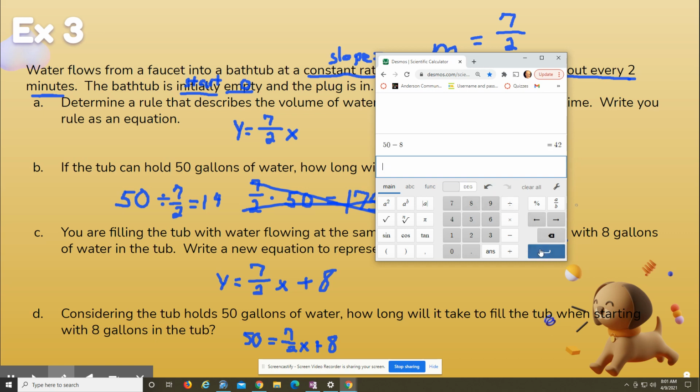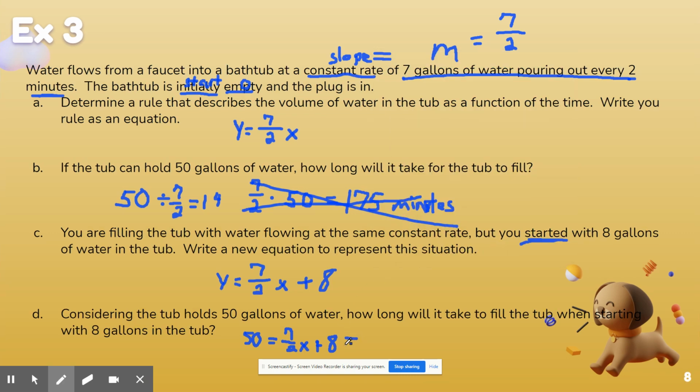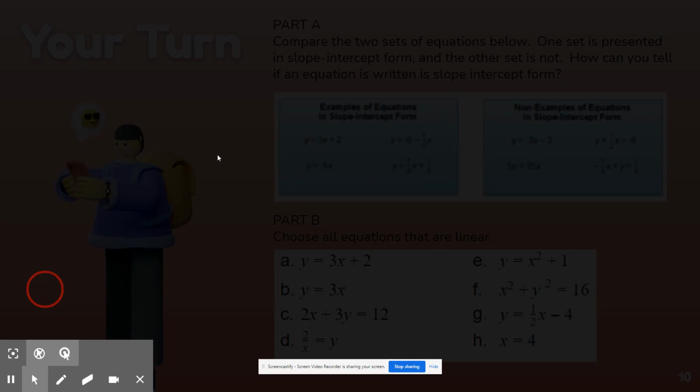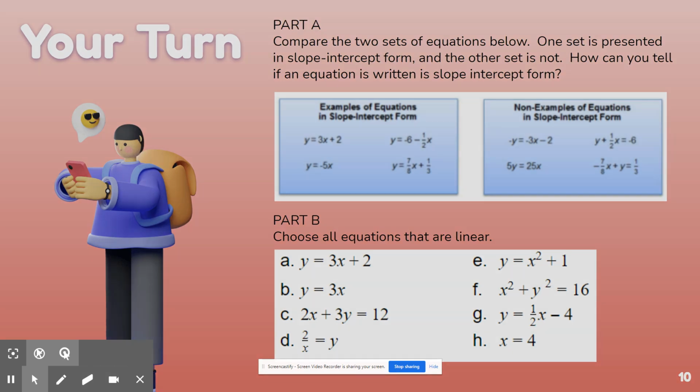Then you're going to take that answer and you're going to divide it by 7.5. So 12 is our answer.